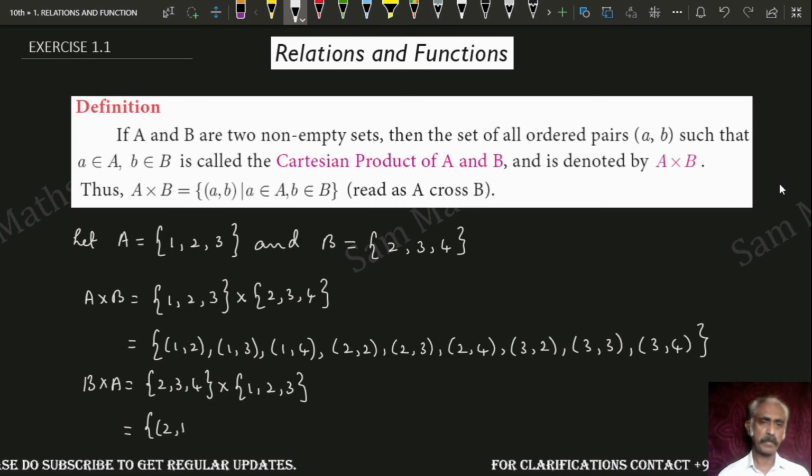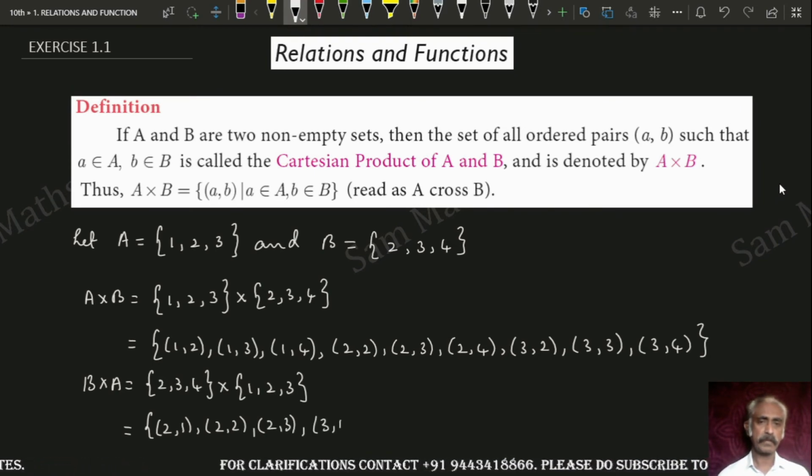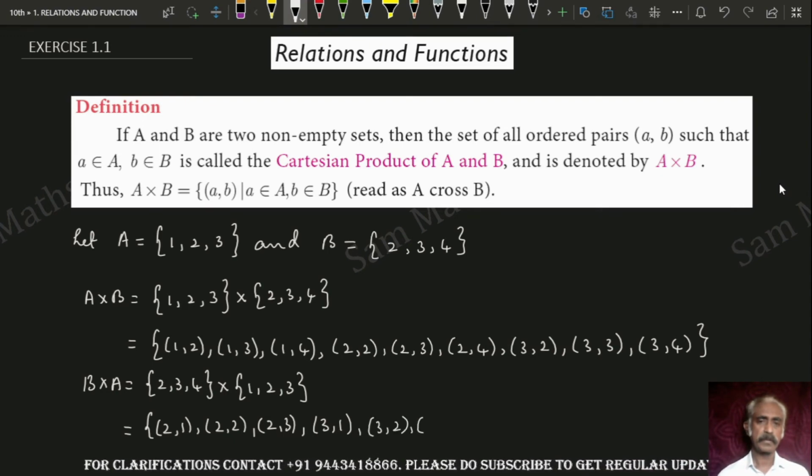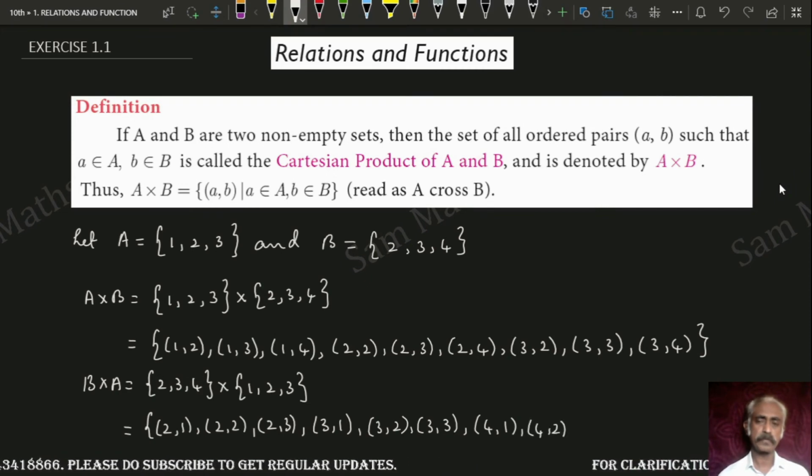That is (2, 1), (2, 2), (2, 3), (3, 1), (3, 2), (3, 3). Next is (4, 1), (4, 2), (4, 3).